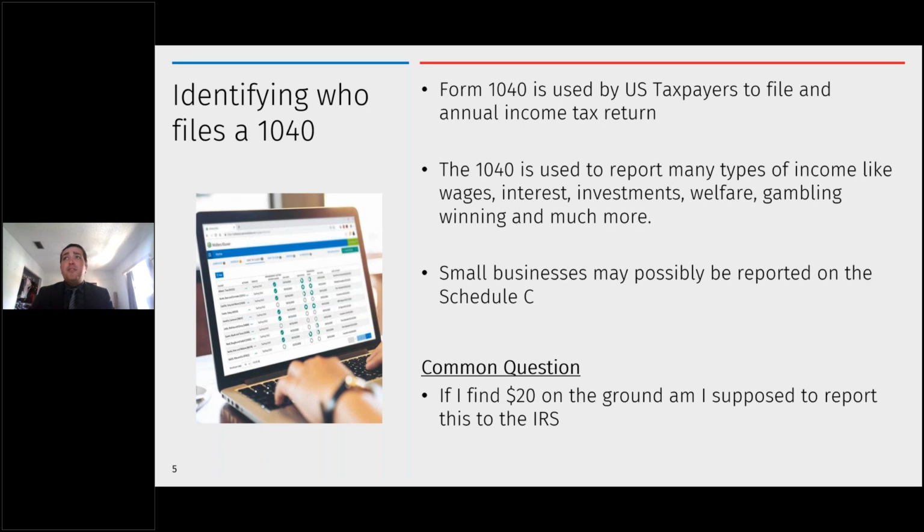And small businesses may be reported on the Schedule C of the 1040. If you have a new client and they have a business, you'll want to ask them, are they a sole proprietor? Are they a partnership? Are they an LLC? If so, is it single member? Because the two types of entities that are reported on the Schedule C are going to be sole proprietorships, and then if it's a single member LLC, that may also go there.